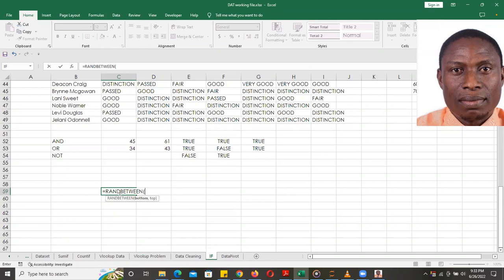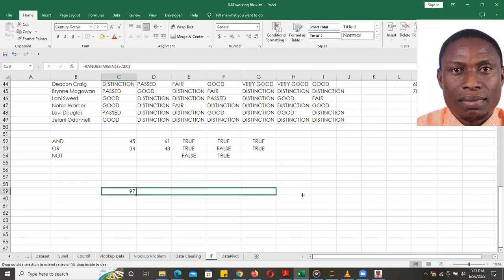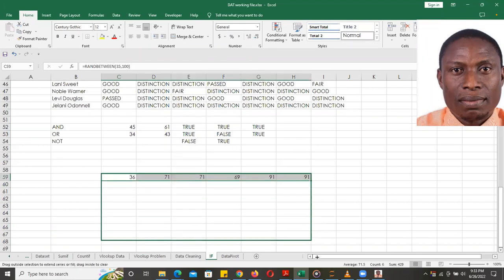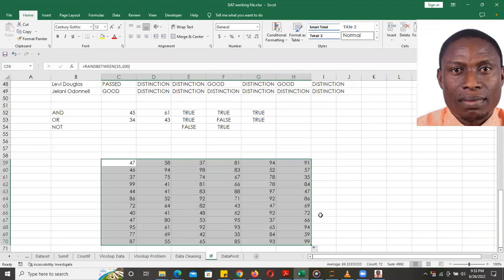So I use 35 as the starting point and 100 as the end point. Then you click enter, so you can generate your values. All the numbers it's going to generate will be between 35 and 100. Is it all right? Beautiful. Thank you.